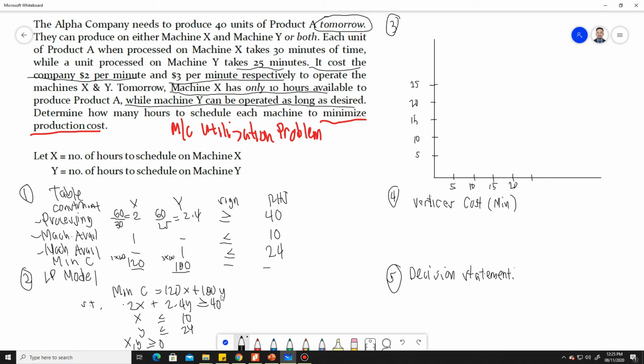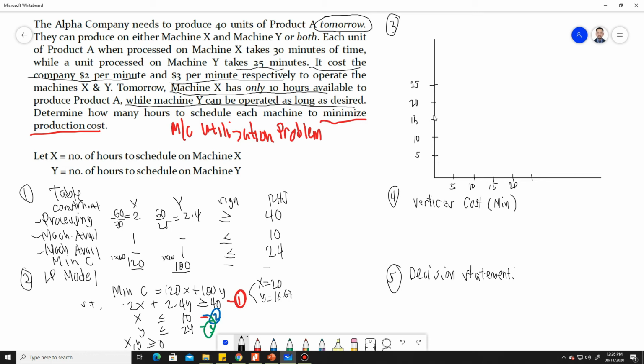Now we are going to graph. So let this be equation 1, this as equation 2 and equation 3. So sa equation 1, kung substitute natin x is 0 and y is 0, makukuha natin x is 20 and y is equals to 16.67 in 2 decimal places.